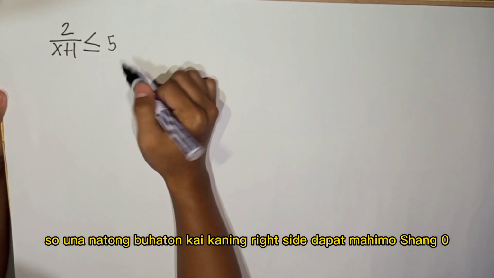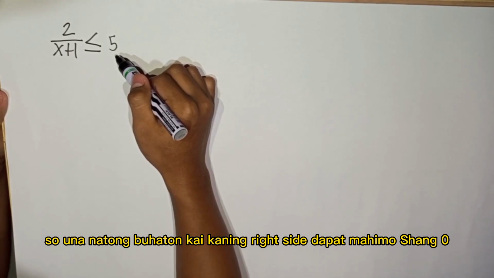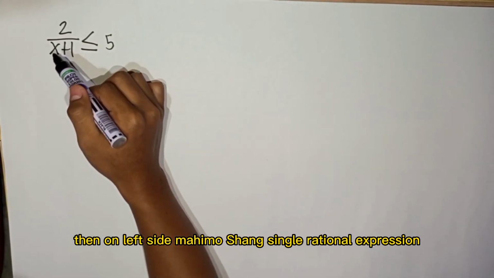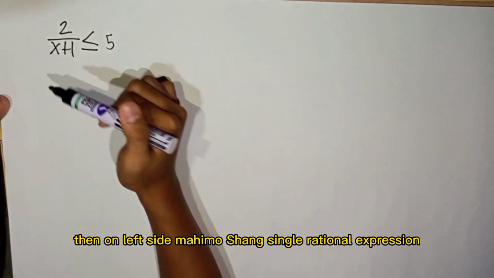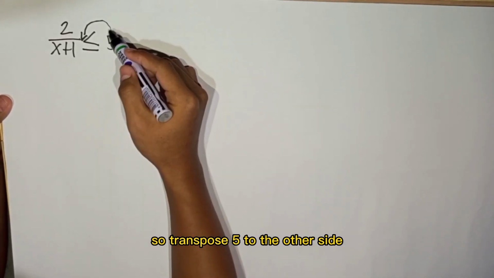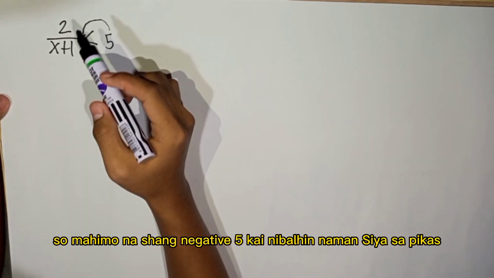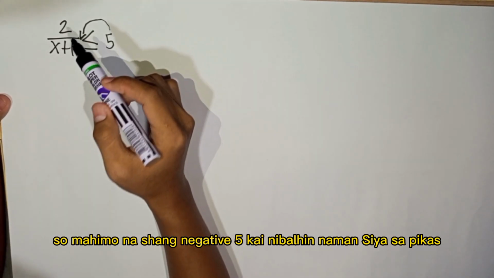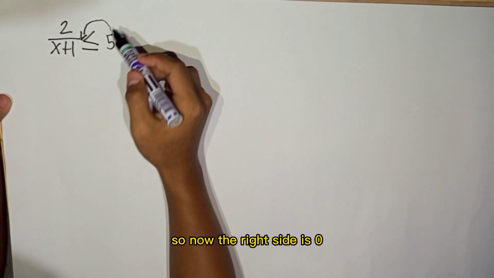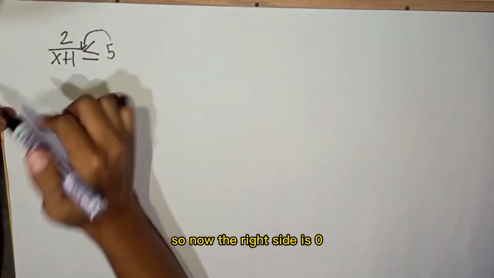So ang una natong buhaton kay kaning right side dapat mahimo siyang 0. Then ang left side mahimo siyang single rational expression. So transpose 5 to the other side. So mahimo na siyang negative 5 kay ibalhin naman siya sa pikas. So now the right side is 0.